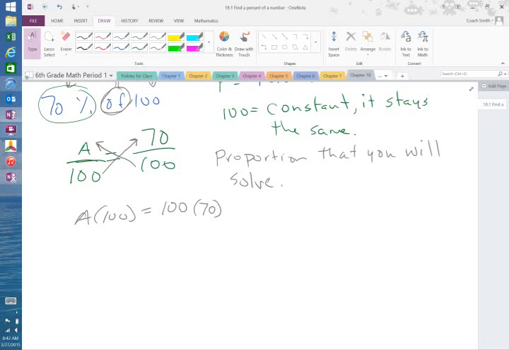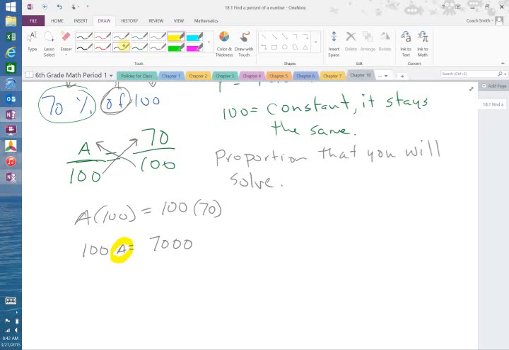A times 100 is 100A. 70 times 100 is 7,000. How do I solve 100A equals 7,000? I divide by what? Correct. We're trying to get A by itself.